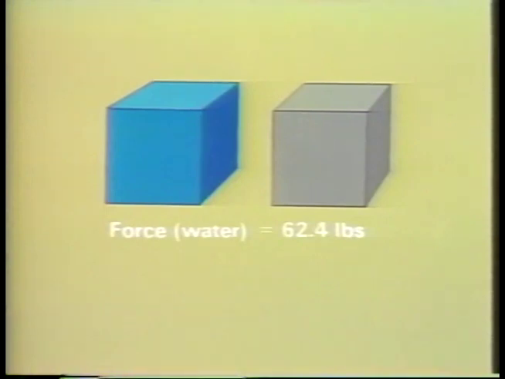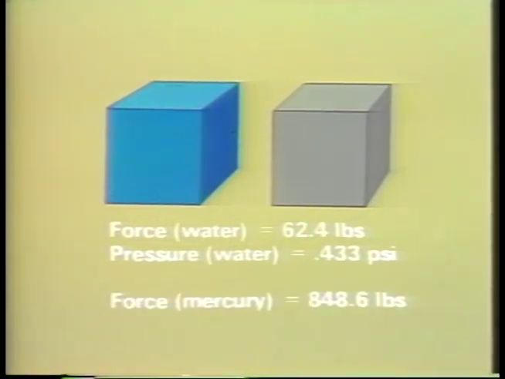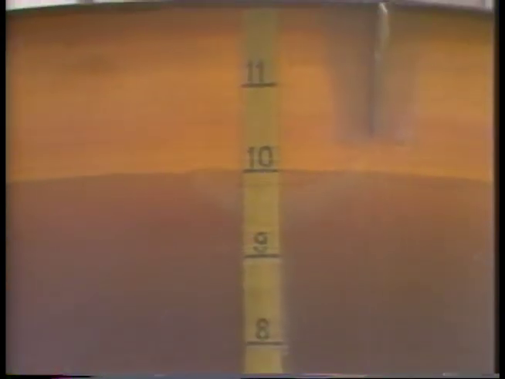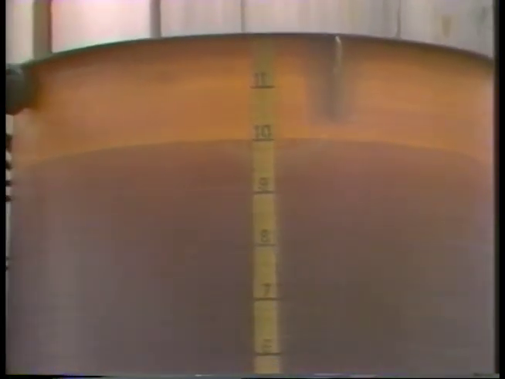The force exerted by the water is about 62.4 pounds, while the pressure is 0.433 psi. The cubic foot of mercury exerts a force of about 848.6 pounds and a pressure of about 5.89 psi.